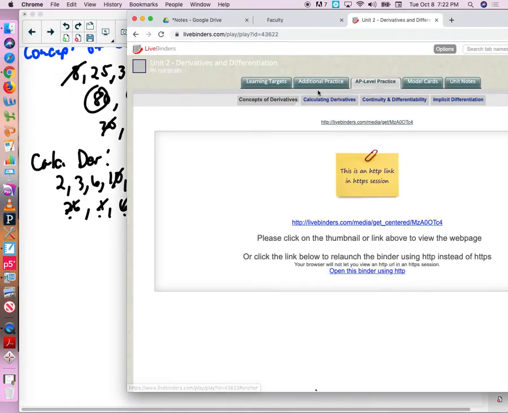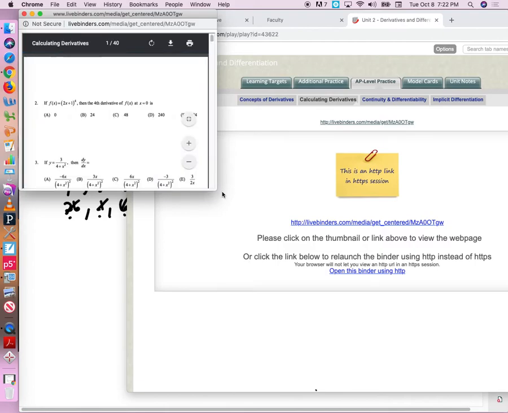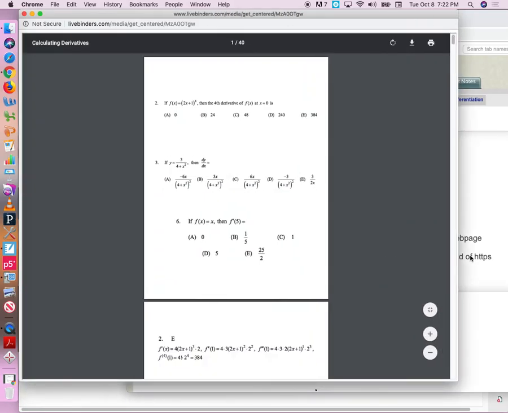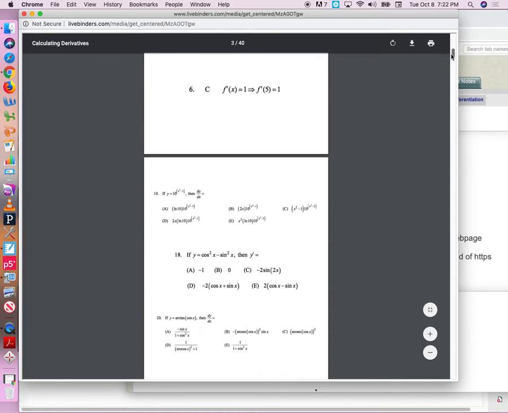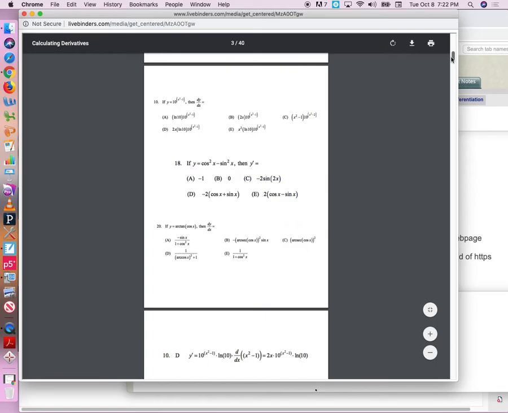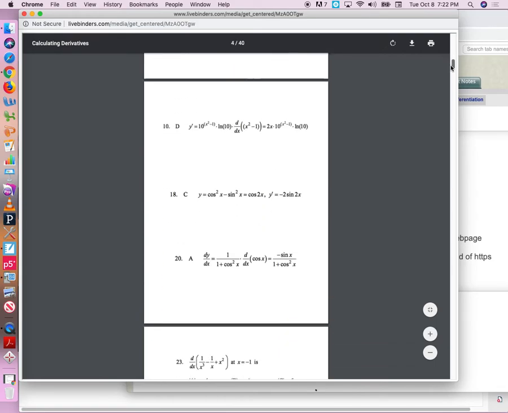Let's see how I'm doing here. All right, so let's go to this one. I'm looking at my notes. And so I'm way down in the, let's see, 12, 15, 18, 24, 3.